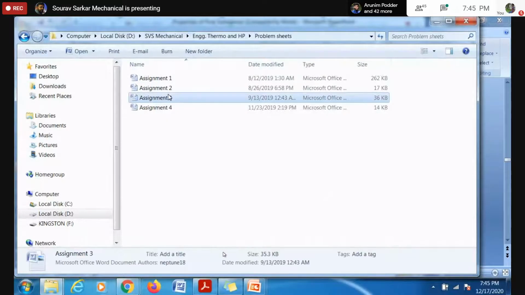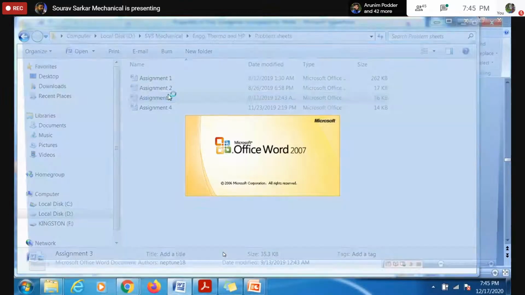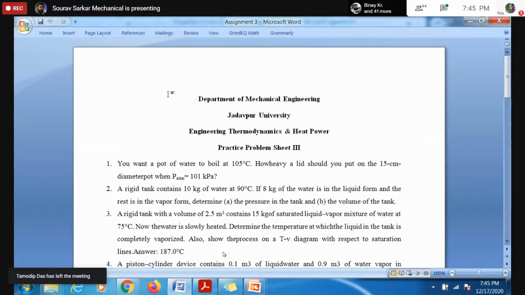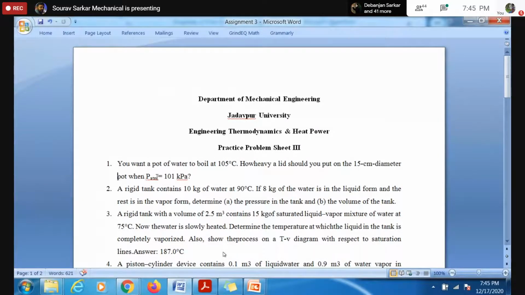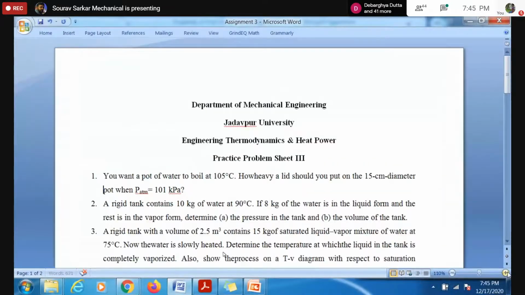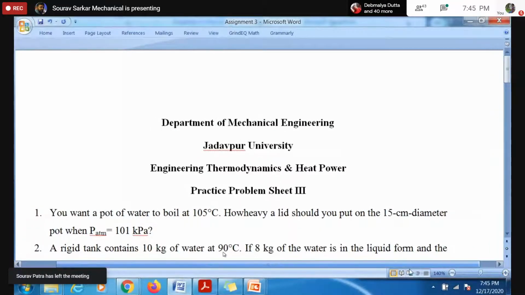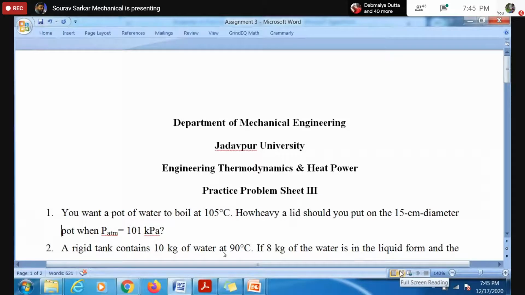So if I go to the assignments, can you solve the first problem?